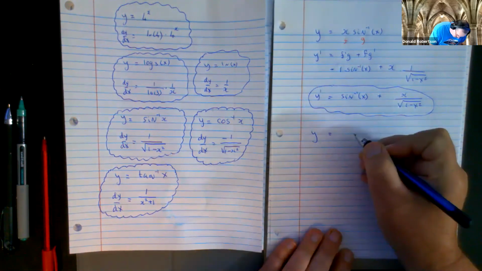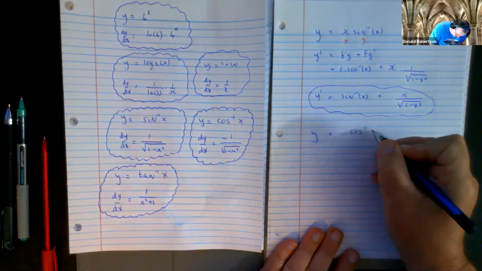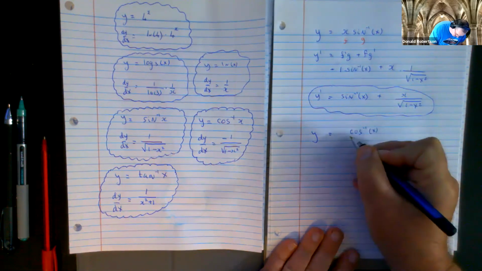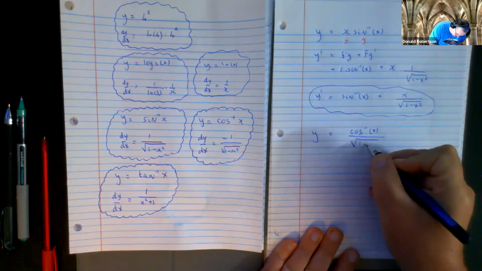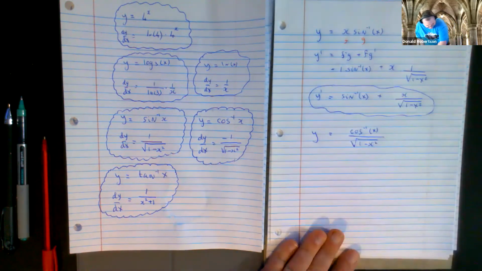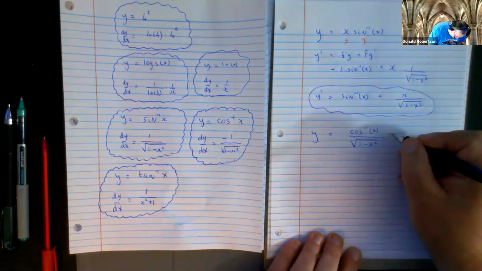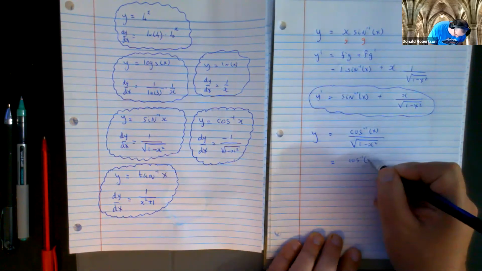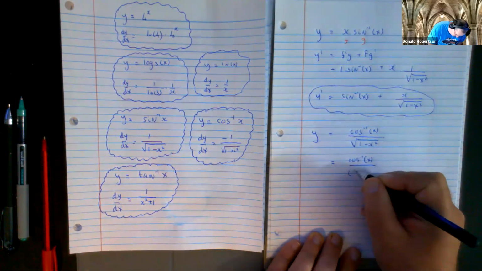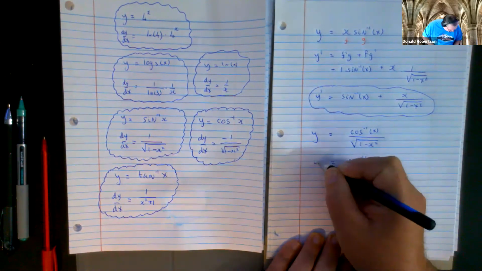Let's do an inverse cosine of x over the square root of 1 minus x squared. Now, if I want to differentiate that, and I do, I'm going to have to start by writing it like that.